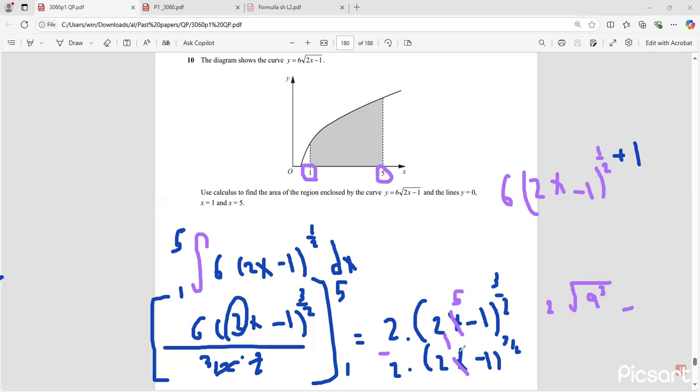2 minus 1, which is 1, and here it will be equal to 2, because 1 to the power of anything is the same.